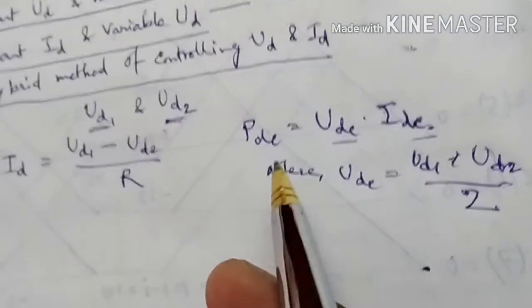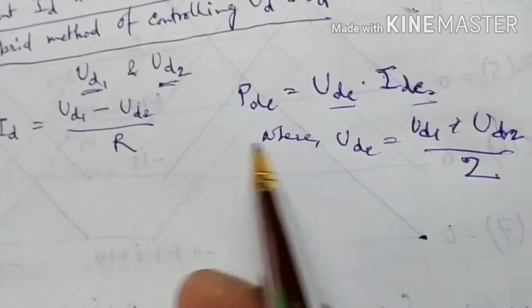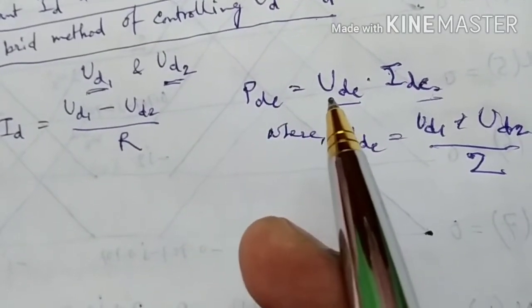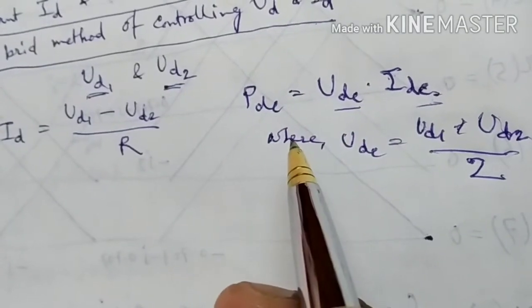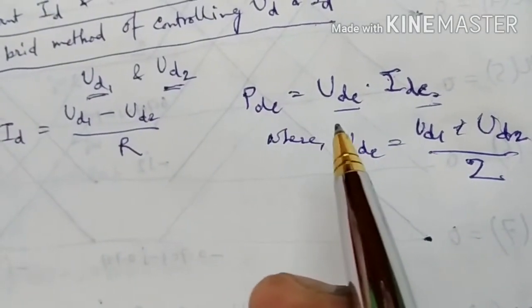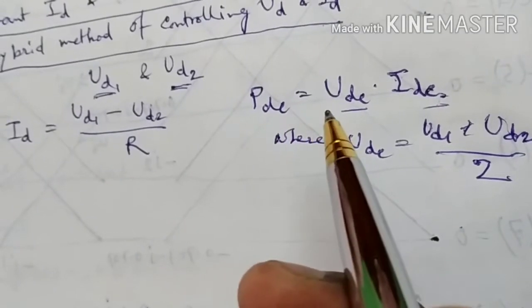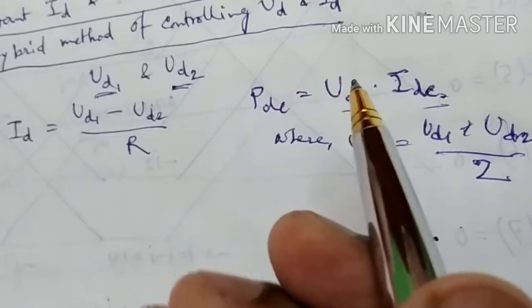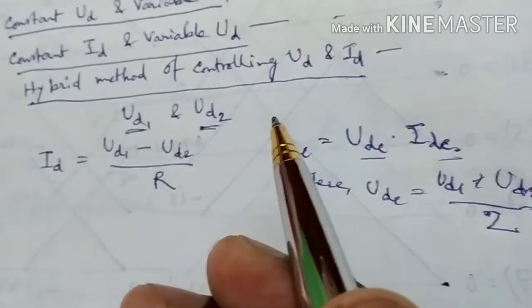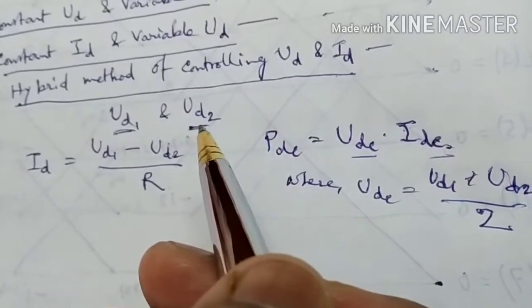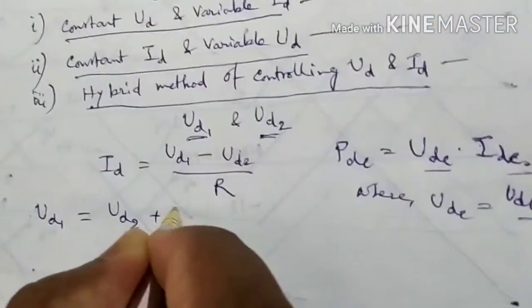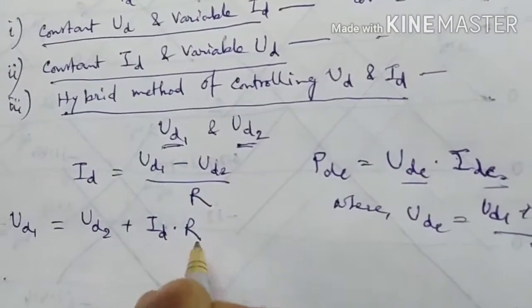ID is generally controlled by the rectifier constant current controller setting, and UD2 is generally controlled by the inverter natural voltage characteristics, corresponding to the UD-ID characteristics of the inverter with minimum extinction angle limit setting. UD1 is held such that UD1 equals UD2 plus ID into R.